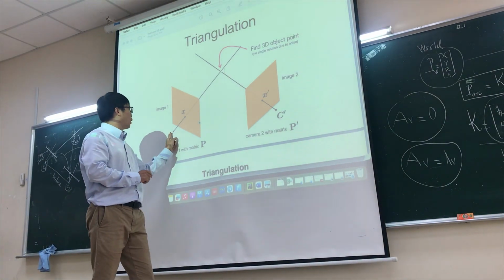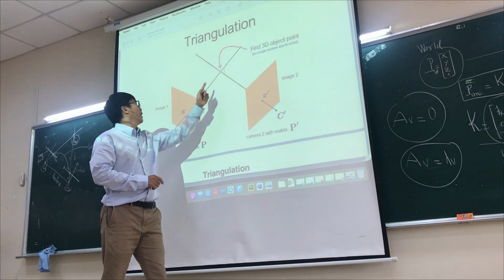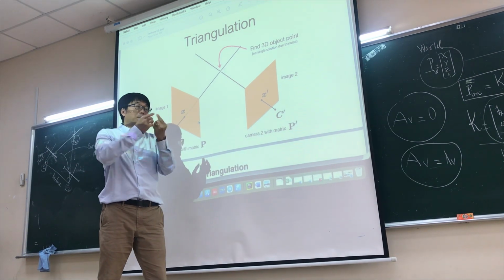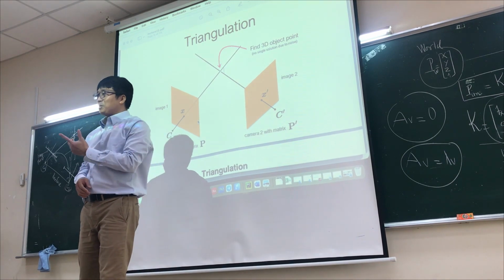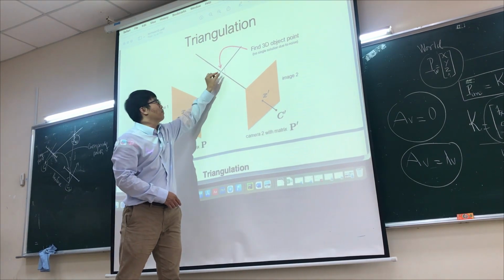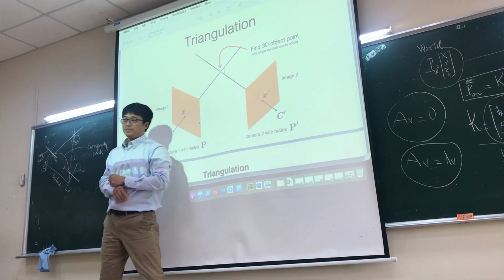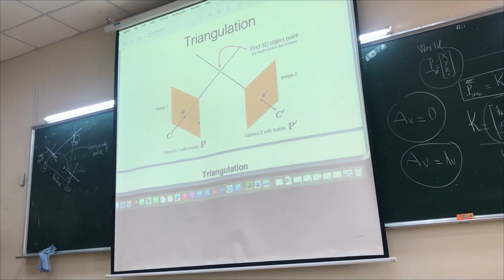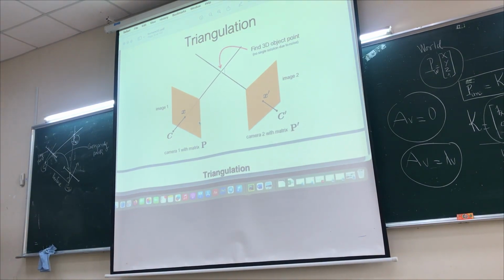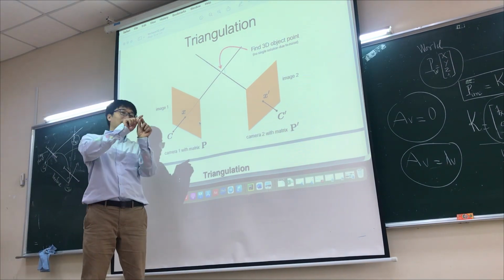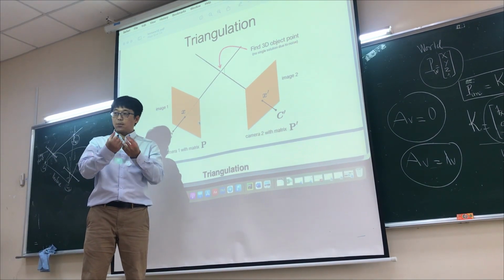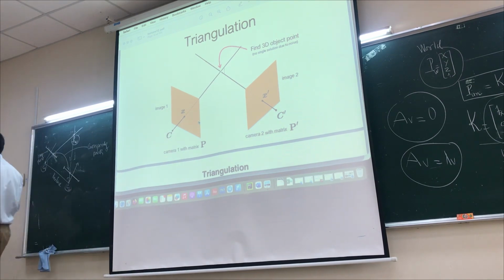In theory, you have camera 1 and camera 2, and the two corresponding points must intersect at this point. But usually in practice there are some gaps and they do not intersect. Do you know why?